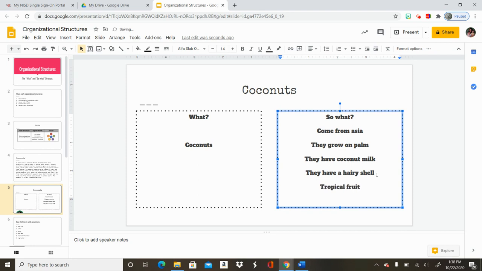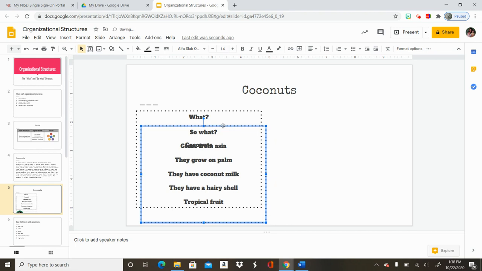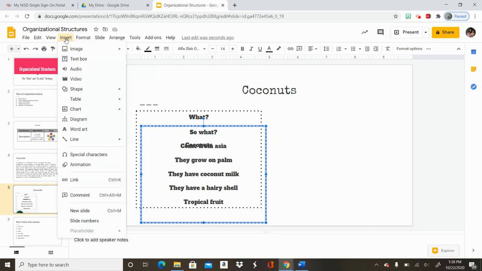Great. Okay, so I'm going to show you how to use the little graphic organizer. I'm going to just move this over to the side. Sorry, it looks kind of confusing and I probably should have done this.